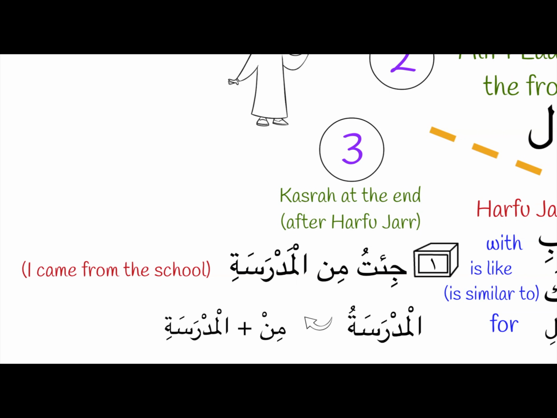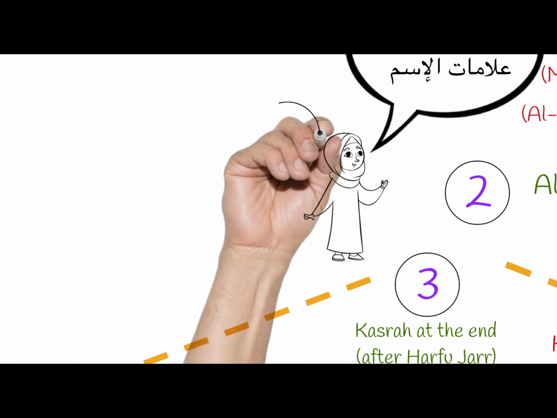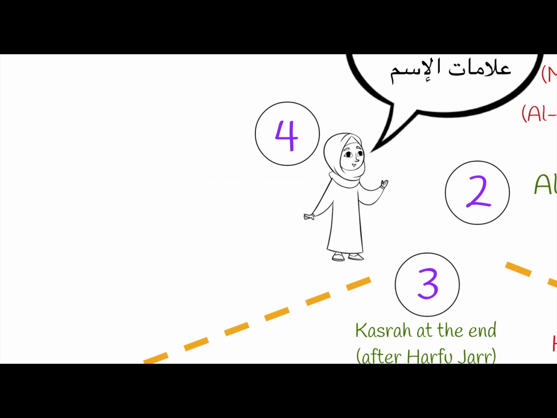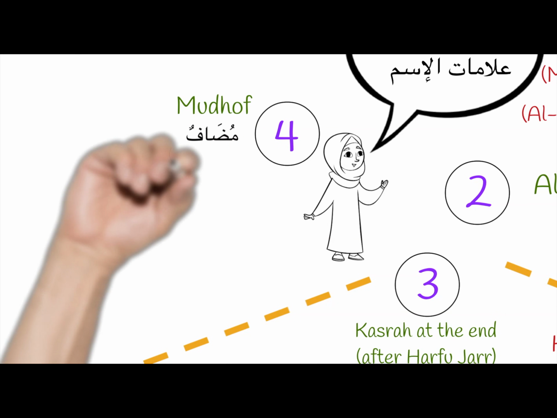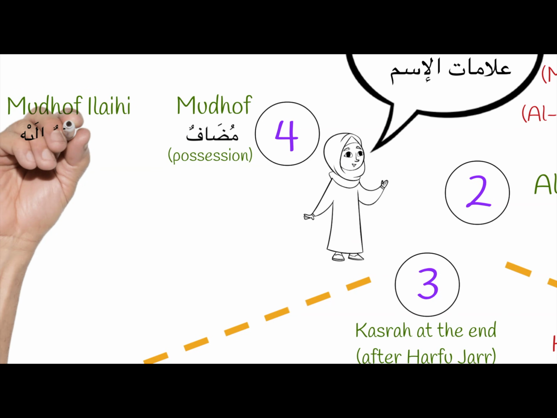It becomes min al-madrasati. The fourth identifier of an isim is when two isims are found side by side, with the second isim having the sign of a kasrah, and they make reference to each other. Most of these, though not exclusive, are possessive nouns. The first kalima is called a mudaf or possession, whereas the second kalima is called mudafun ilayhi, which means the possessor.